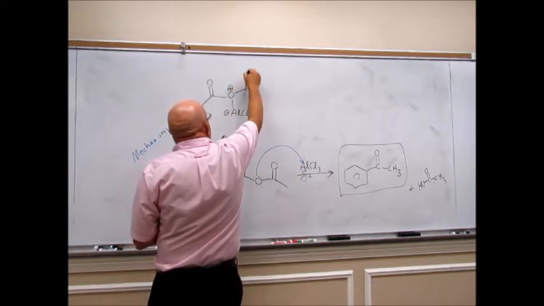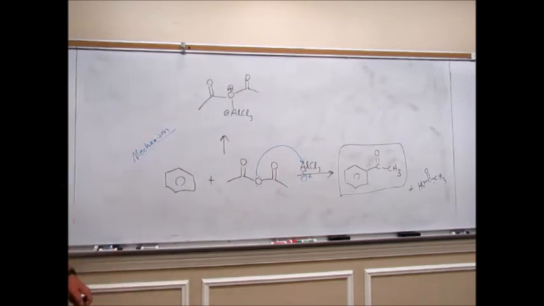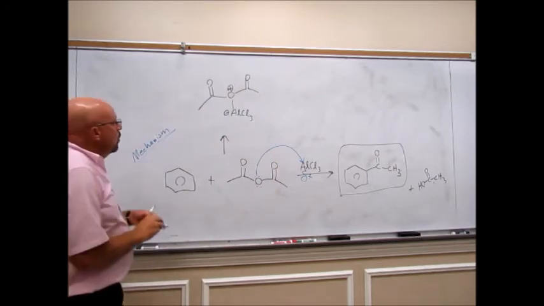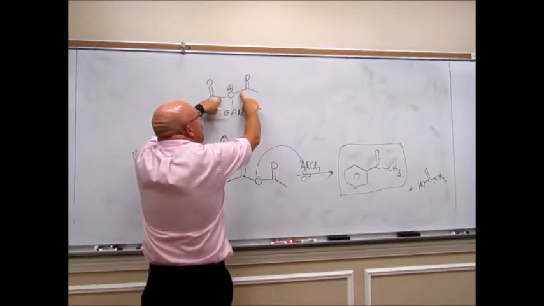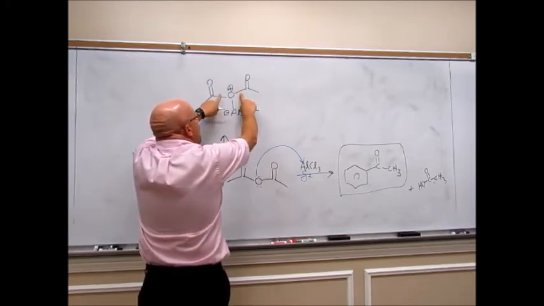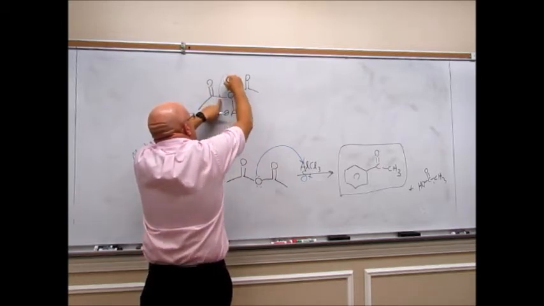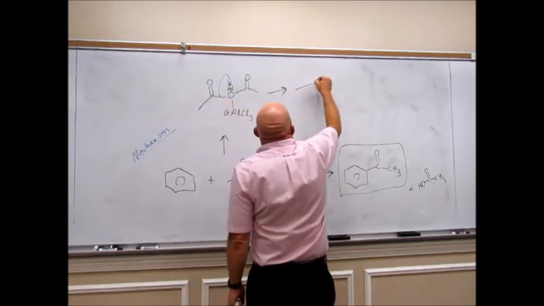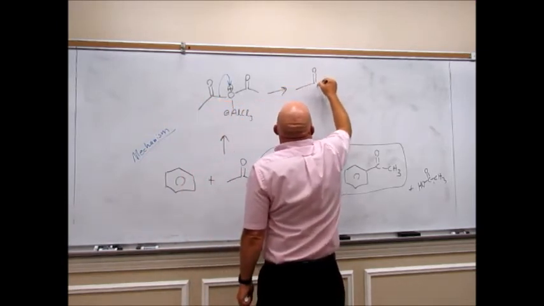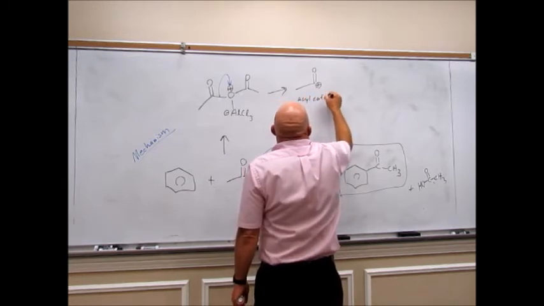That puts a plus charge on that oxygen. Any oxygen with a plus charge is a good leaving group. So we're going to break one of the bonds here on either side. It doesn't matter which side you use. We're going to break the bond on one of the sides between the carbon and the oxygen. I'll just do this one. We'll take it up onto the oxygen. That gives me my acyl cation. That is my electrophile.